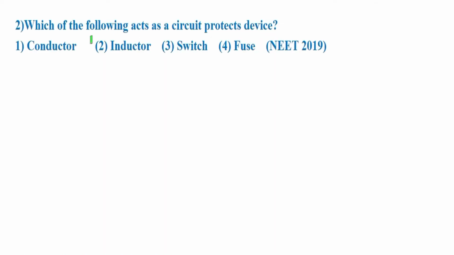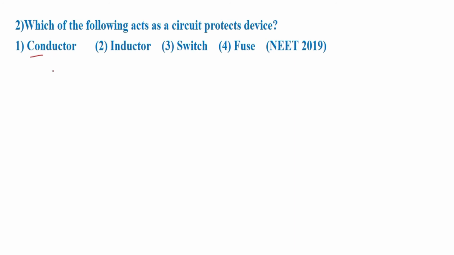Our next question is, which of the following acts as a circuit protective device? First, what do we mean by a circuit protective device? It is a device which protects the circuit from excessive current. Now if you see the options, a conductor won't act as a circuit protective device. In the case of a conductor, if excess current flows, what will happen?